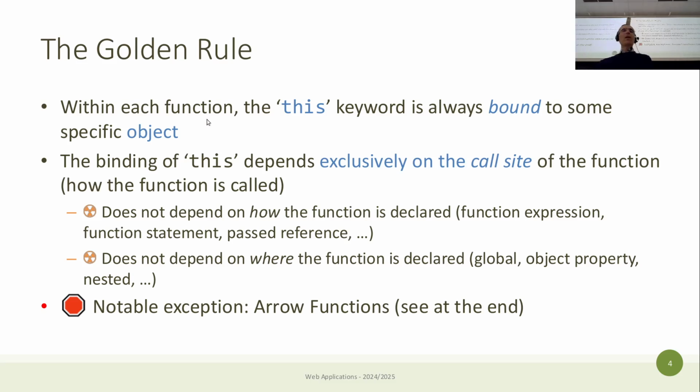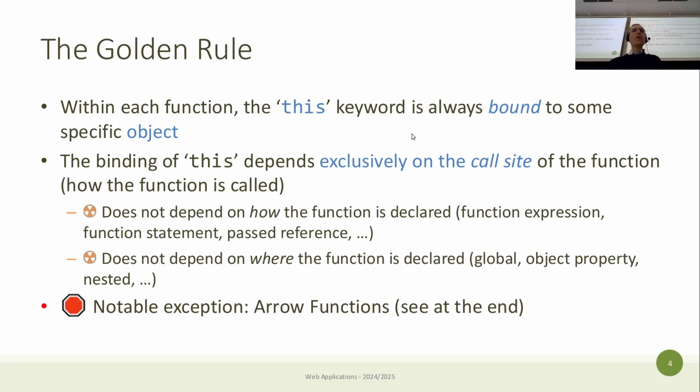To understand which one we need to refer to the call site of the function. So we are inside the function. This function has been called somewhere. Depending on where this function has been called, we have a certain value for this, so that this is bound to some object.